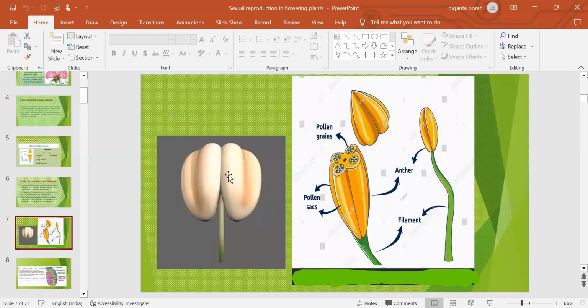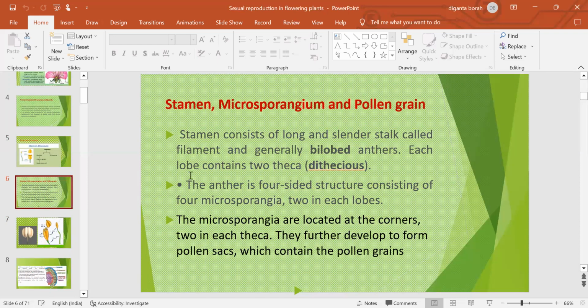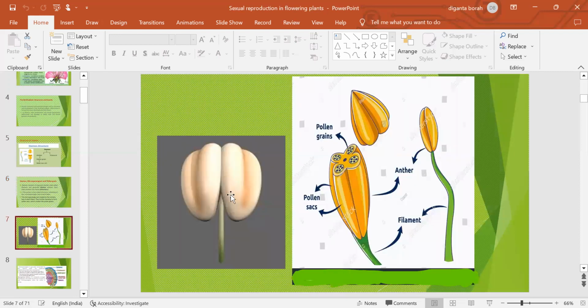This is the real diagram of an androecium or a stamen. Look, this is the filament, and this is the anther. I have told you the anther is dithecous. How many thecae are here? Four. Two chamber-like structures. Here it contains a two-lobed structure. That's why it is called dithecous.